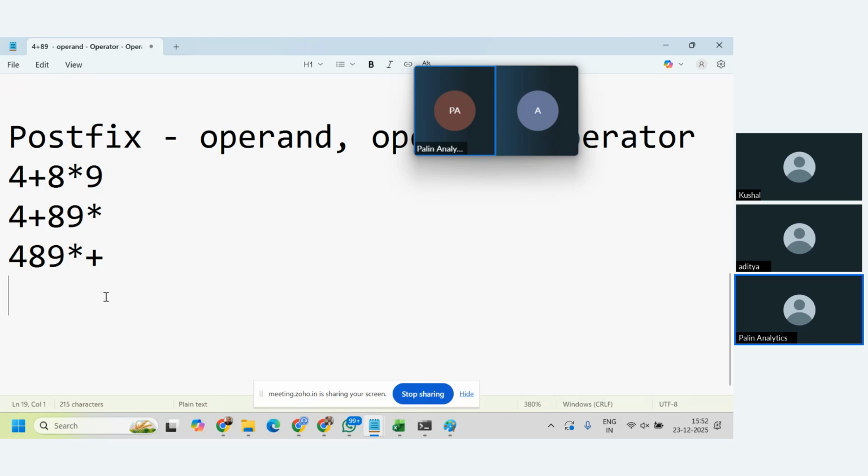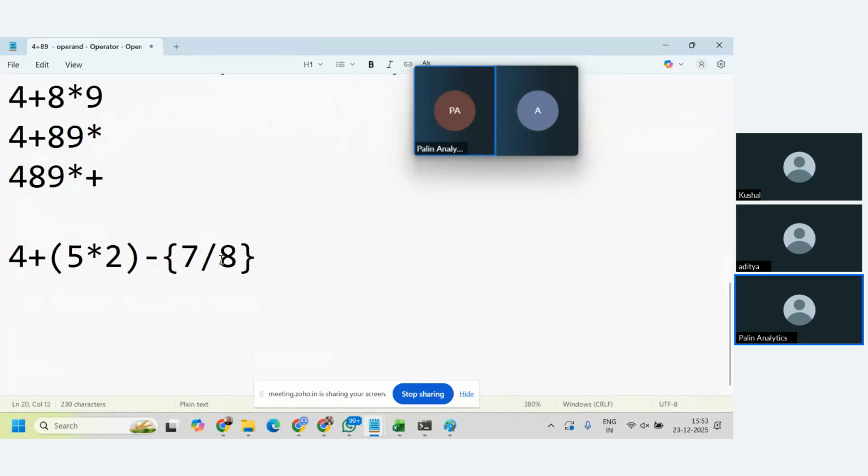So if you see a bigger calculation also, like I have 4 plus in bracket, I have applied 6 into 5 into 2 minus, in bracket I have taken 7 divided by 8. I have done it like this. Okay. So now what will happen when it is converted to postfix? 4 plus, right?